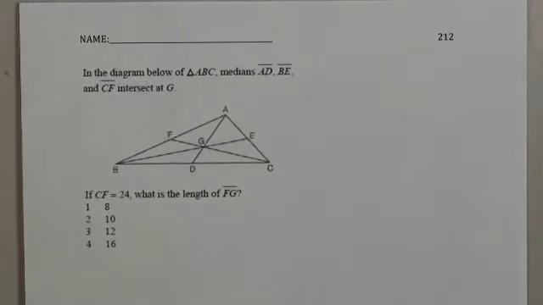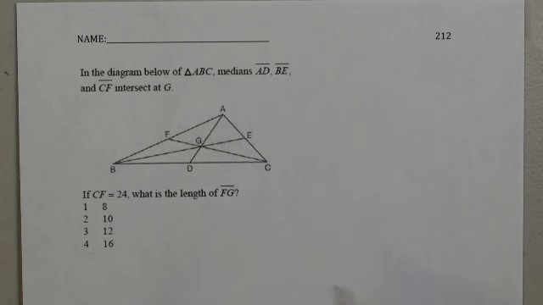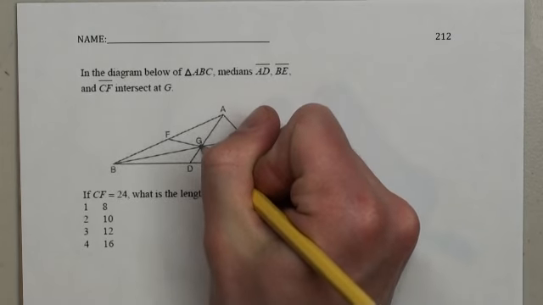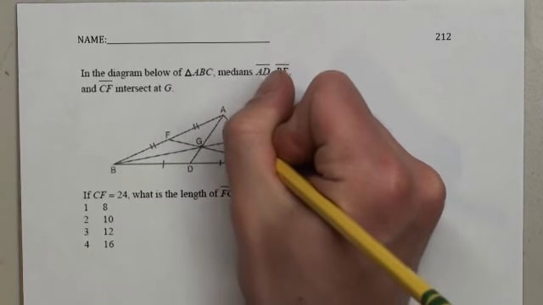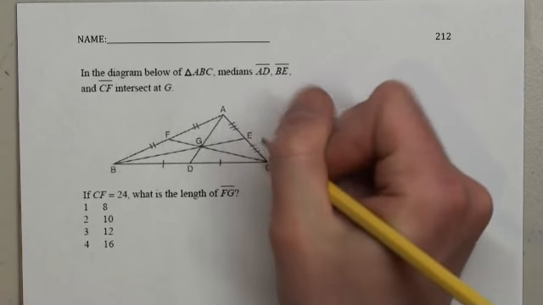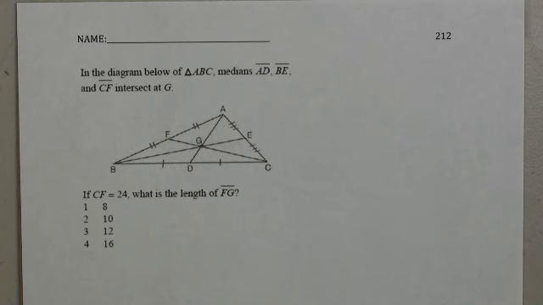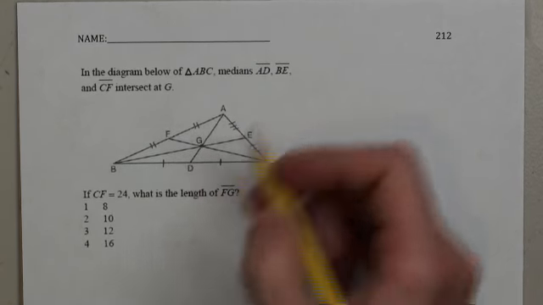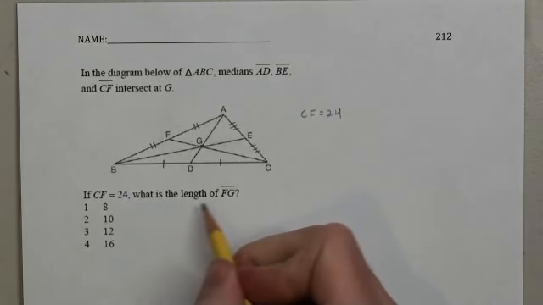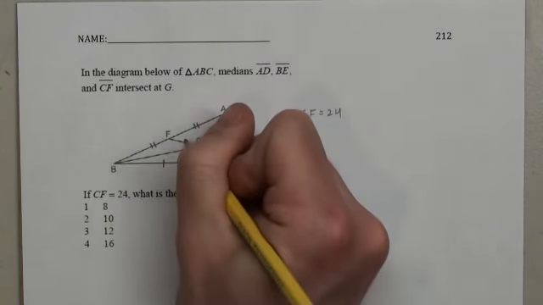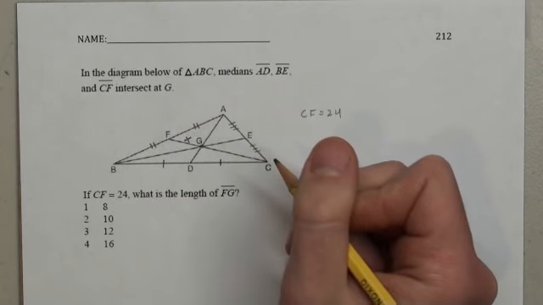Okay, in the diagram below, we have a bunch of medians, and they intersect at the centroid, G. So I just always like to draw in, showing that I know that my sides are the same length here, that they're bisected. So if CF is 24, what is the length of FG? Well, let's call it FG x.